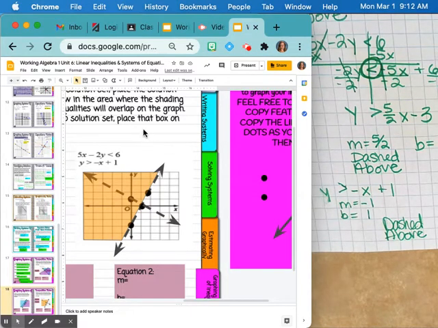Okay, and then we want to do the polyline and shading above. So is that going to be on the left or on the right? Right. Above? Yeah. Sorry, I was looking at the other one. Yes, it is to the right. Good job.